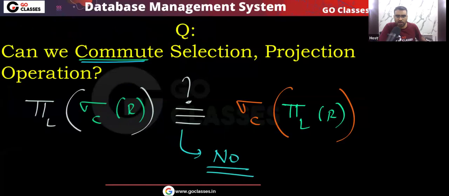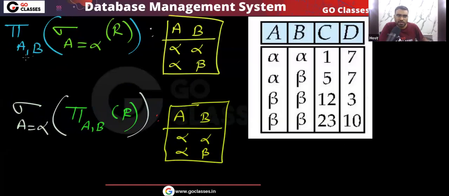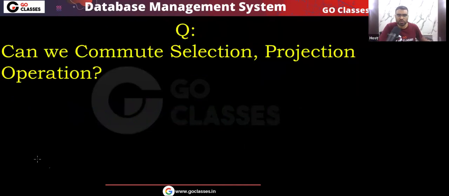And now notice here. This attribute list contains AB, and the selection is on attribute A. So in this situation, I can swap, I can commute. So this is the question: can we commute selection comma projection?